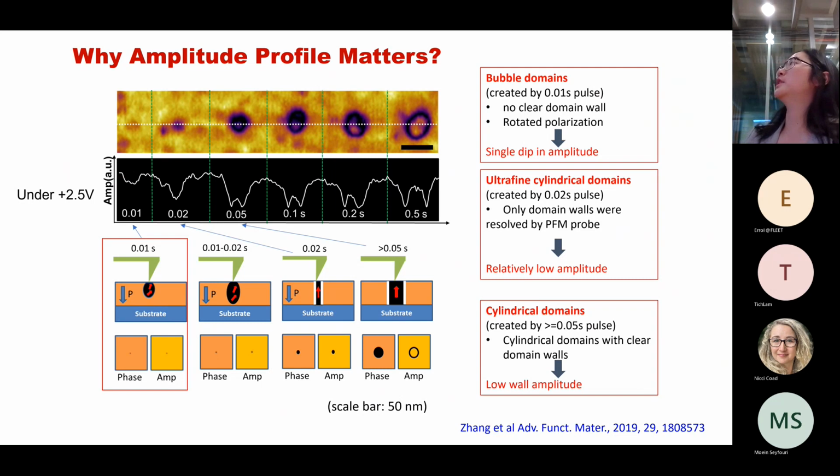So we are confident that we can use this tool to identify or distinguish these nanoscale bubble domains, or domains with topologic configurations, from conventional domain structures.